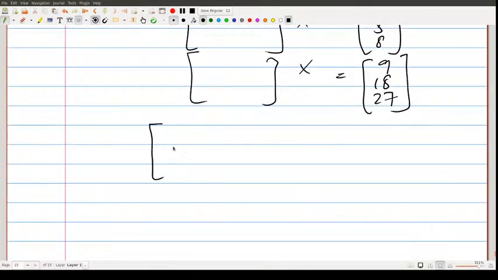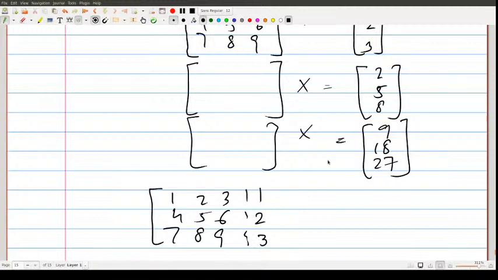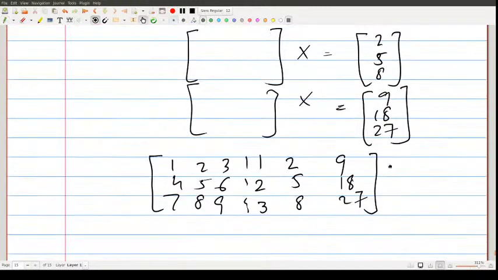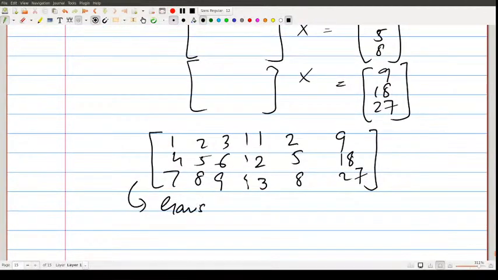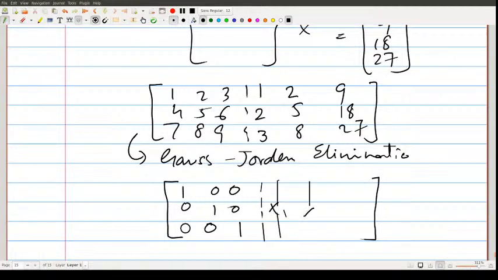I just take 1 2 3 4 5 6 7 8 9 and augment all the right hand sides that I need: the first is 1 2 3, the second is 2 5 8, the third is 9 18 27, and then just apply Gauss-Jordan elimination. If you manage to bring this matrix such that the left hand side becomes the identity matrix, then this will be the solution to the first system, this will be the solution to the second system, and this will be the solution to the third system.